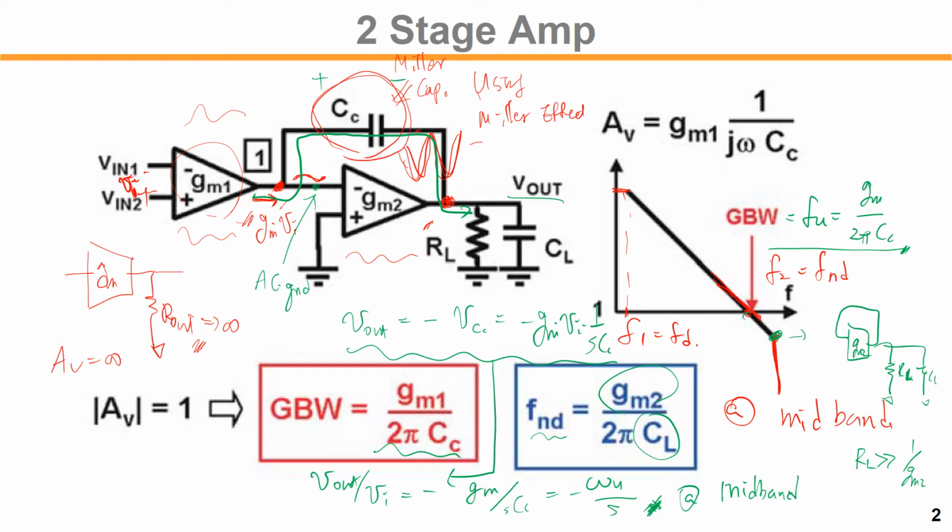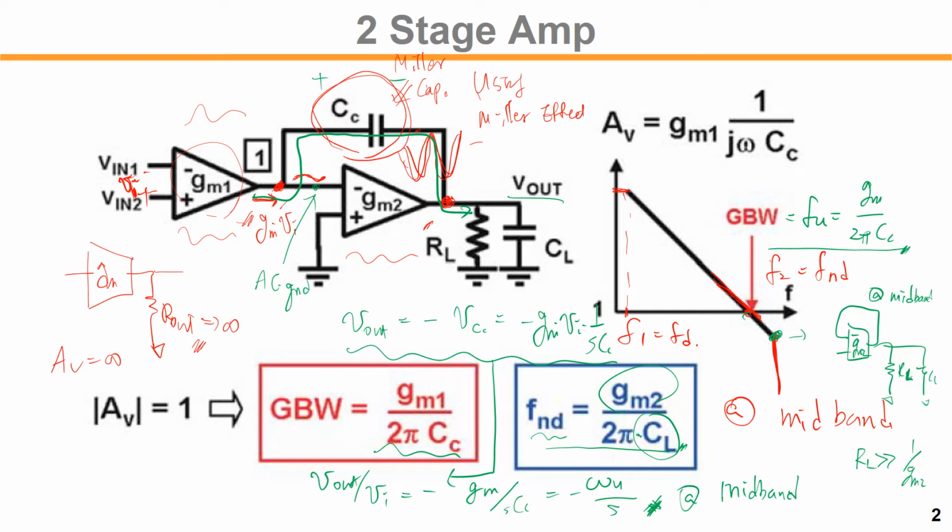So in frequency we get GM2 over 2 pi times CL, right? This is at midband. Basically the CC impedance becomes close to 0, very low impedance, so we can treat it as a short connection.